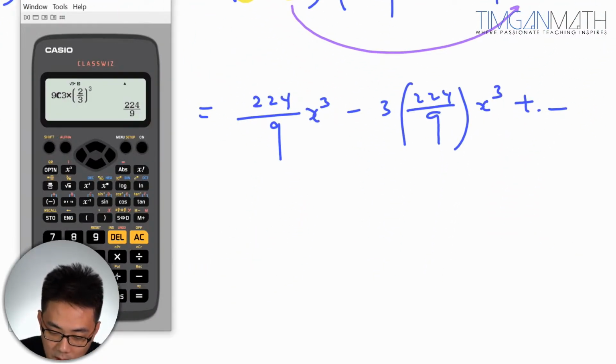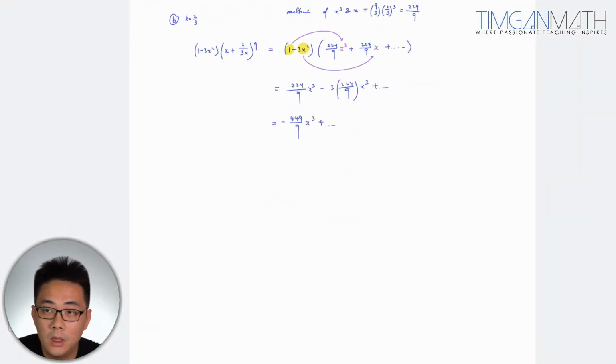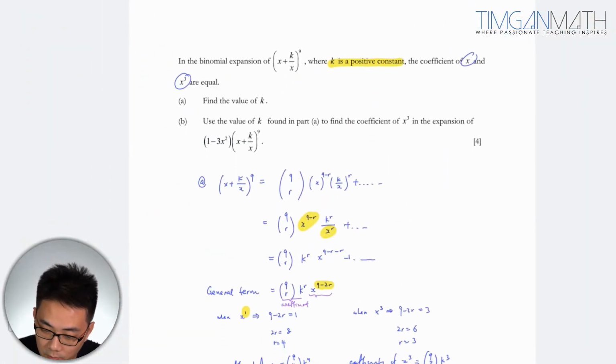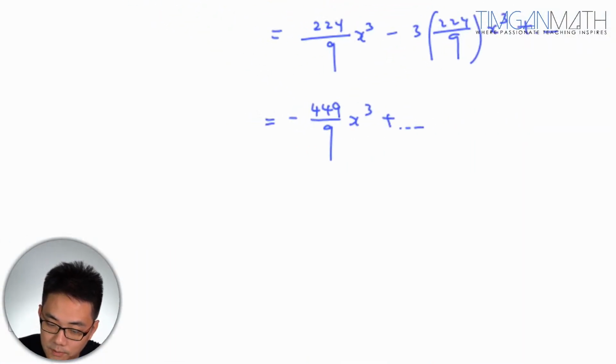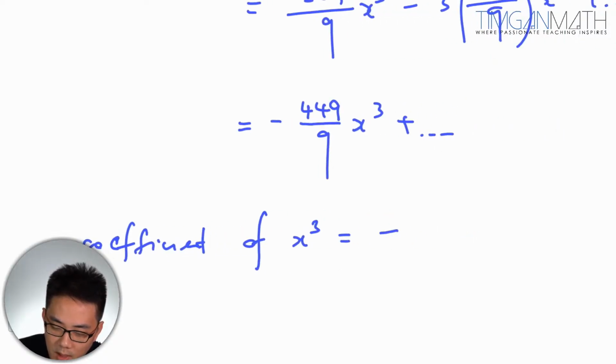It's 224 times negative 2 actually. So this will give us negative 448 over 9. So the coefficient of x cubed in this case here will be negative 448 over 9.